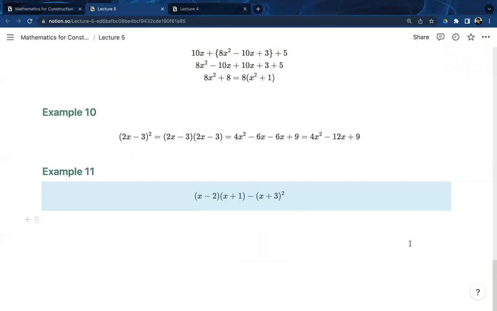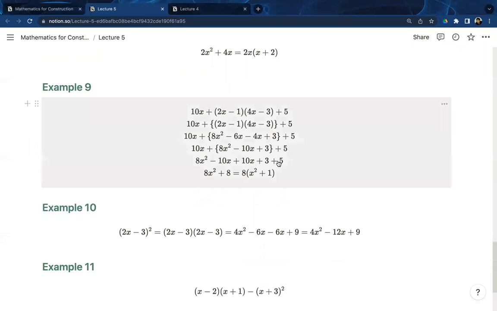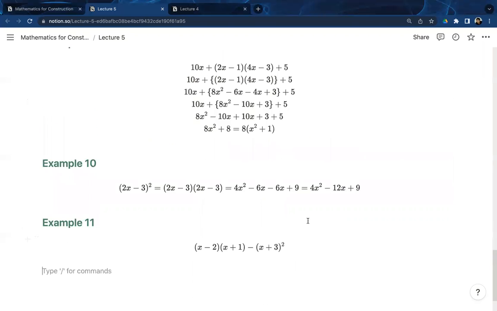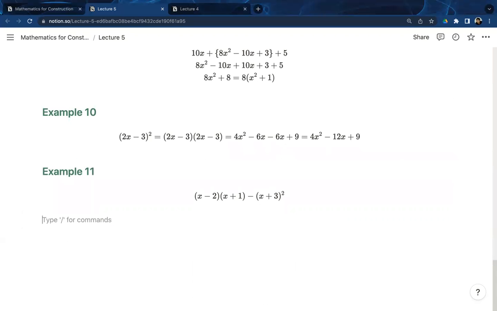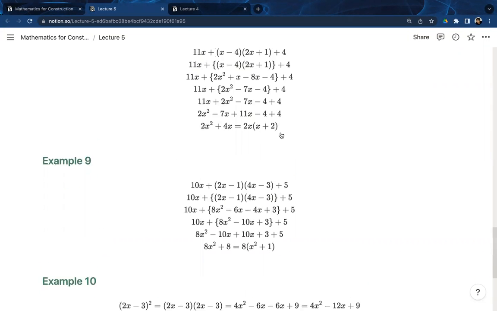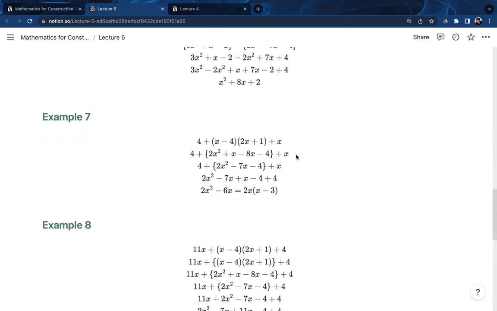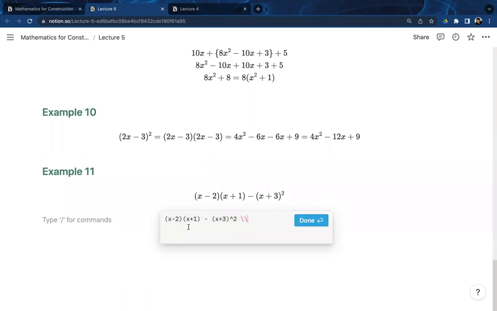So try this question here. Take your time. It's very much similar to this first one here, where you have two sets of two brackets. Take your time and simplify this, and it will get harder and harder. So the idea really is to do it kind of like this one here, where you put curly brackets between the two sections.